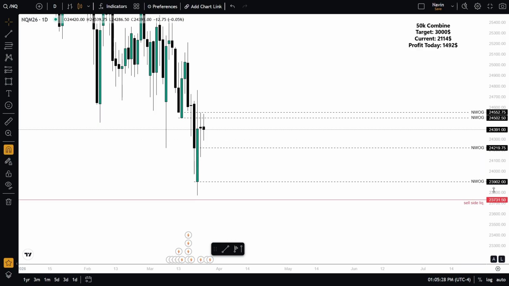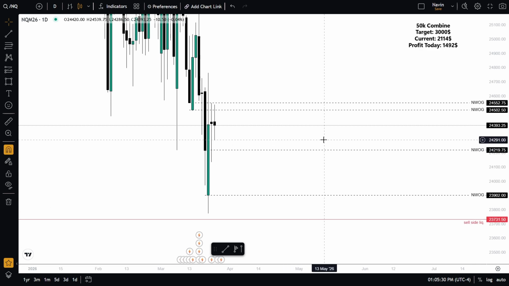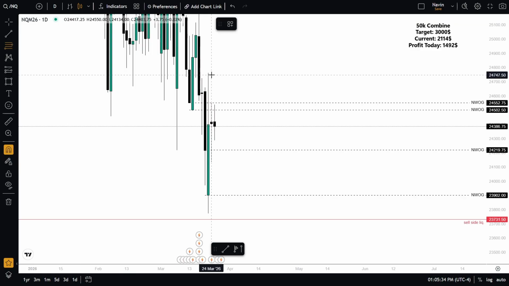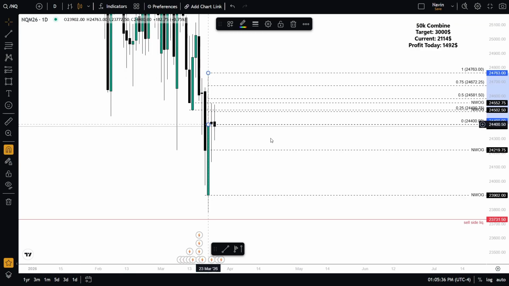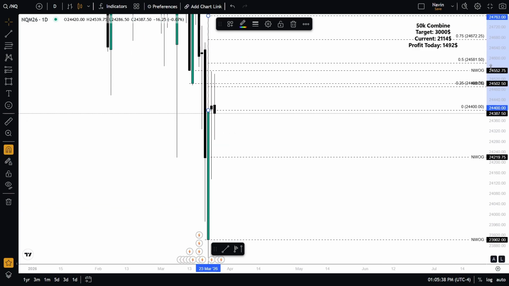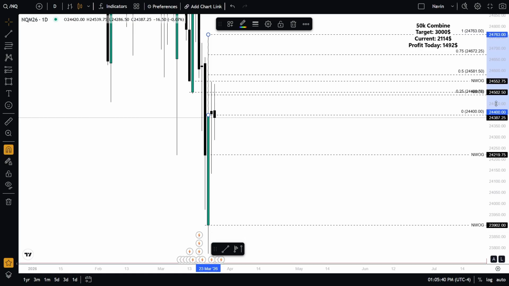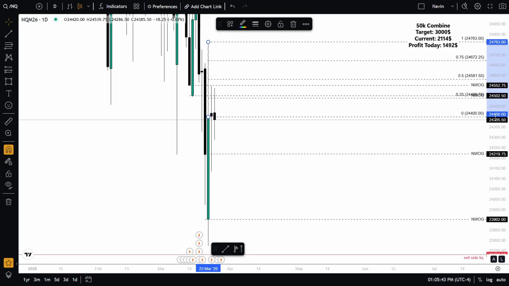Now I will mark out the liquidity pools. Before that, we can see there is a huge wick where the 50% of it is right above the previous day's high.